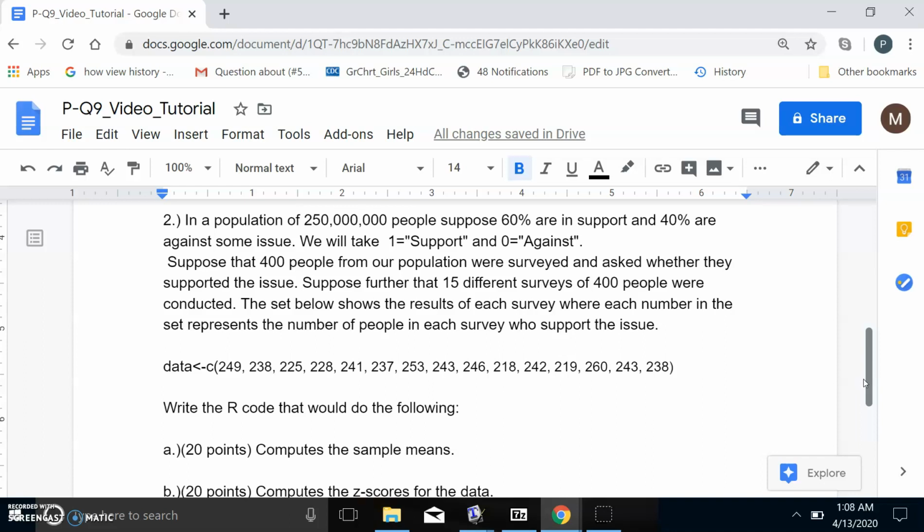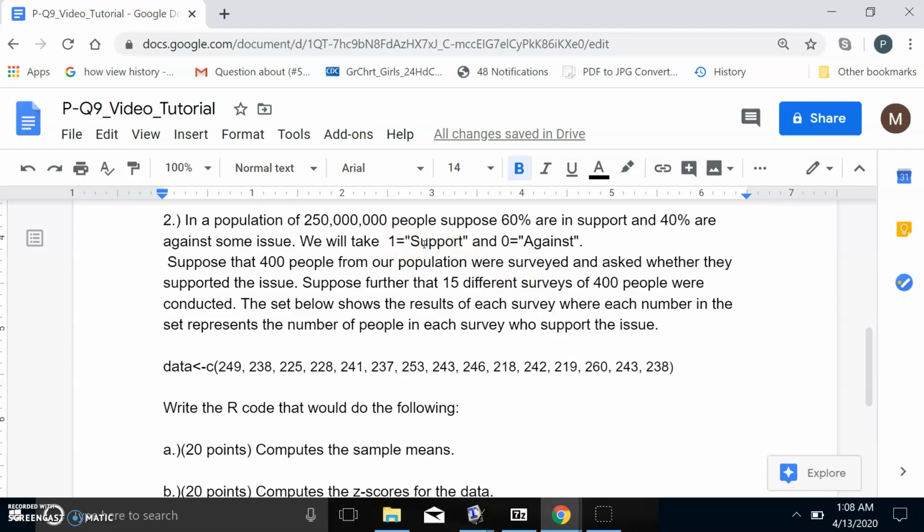The step below shows results of each survey, where each number in the set represents the number of people in the survey who support the issue. So just imagine 15 students in our class were each conducting a survey and are asking 400 people the same questions. And you're going to record their results.